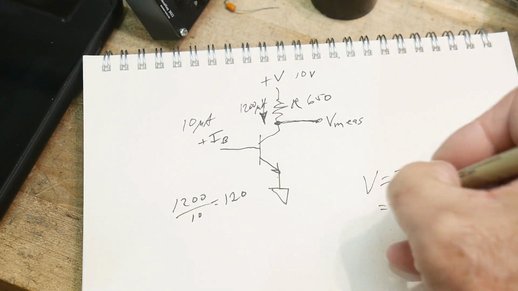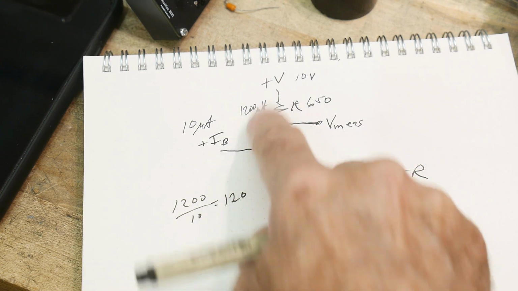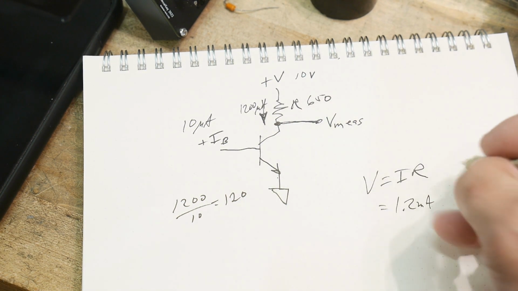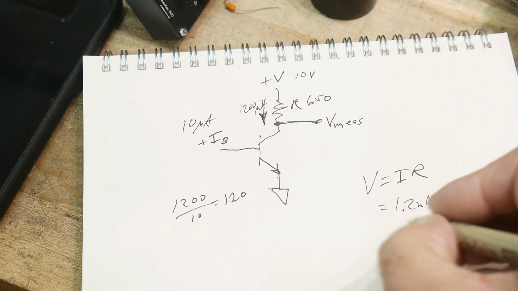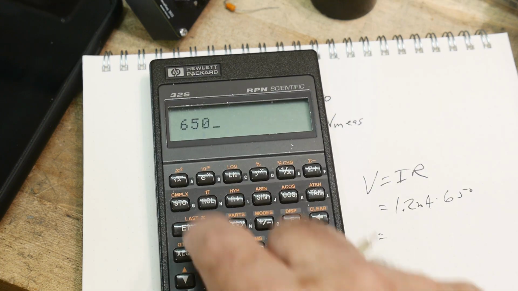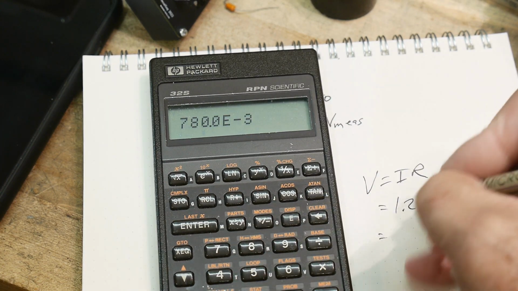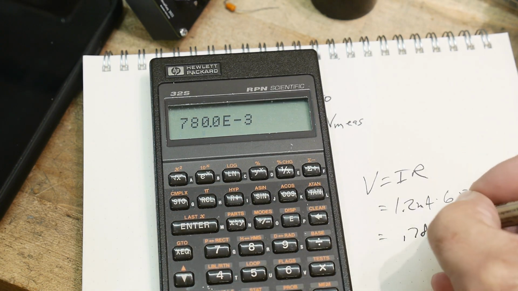We have 1.2 milliamps. That's our 1200 microamps. We have 650 ohms, okay, which is 650 times 1.2 milli. That's about 0.78 volts.